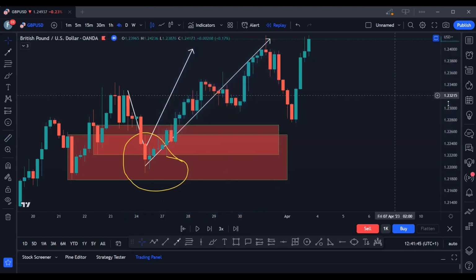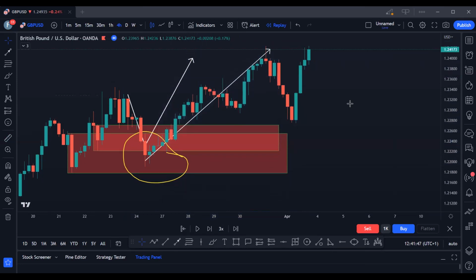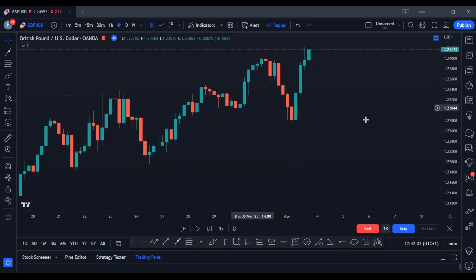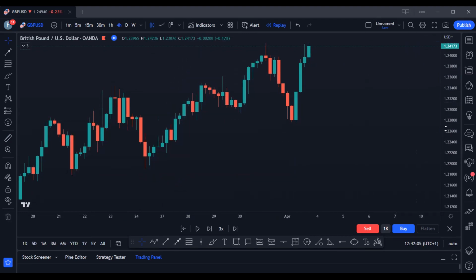If you had used, let's say, a mini lot of 0.1, you would have made nothing less than $180, just from one particular trade, right?